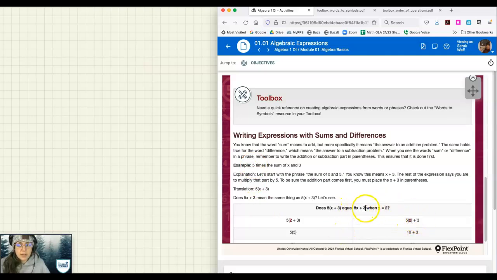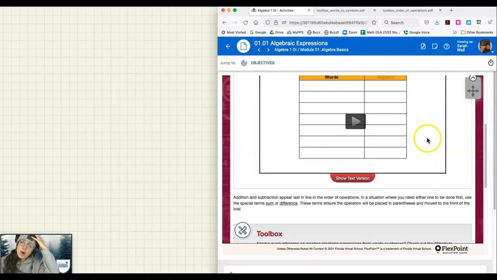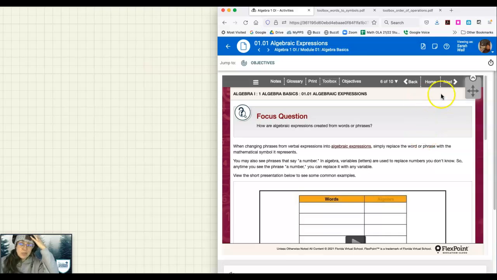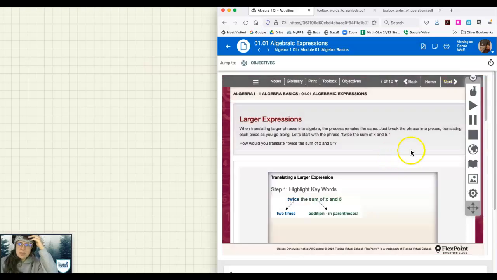If it were 5 times x plus 3, it would say 5 times x and 3, or 5 times x in addition to 3. So that's a really important distinction. That's actually something that trips people up on the quiz a lot, the parentheses piece.